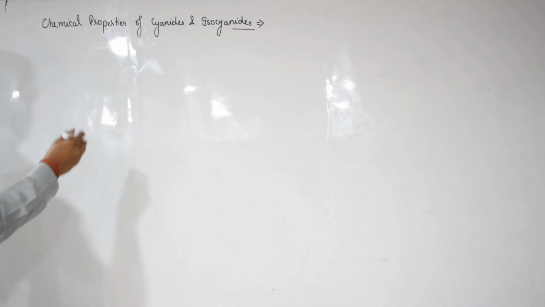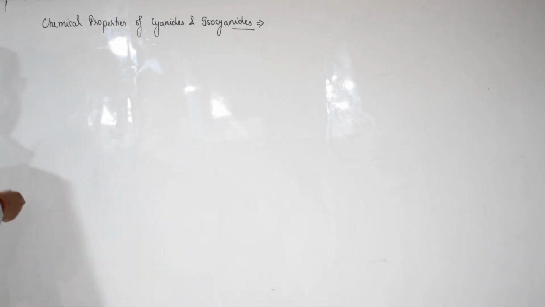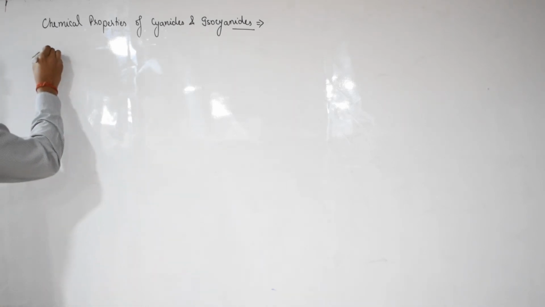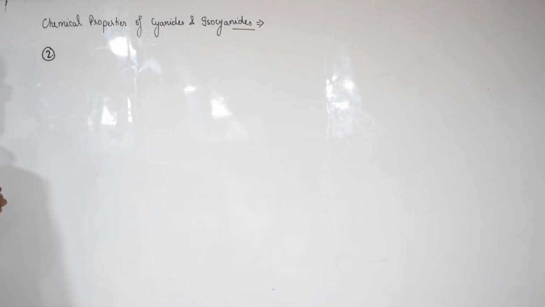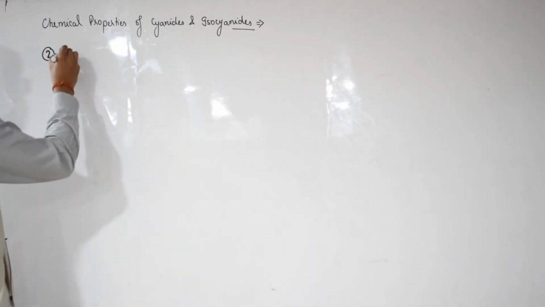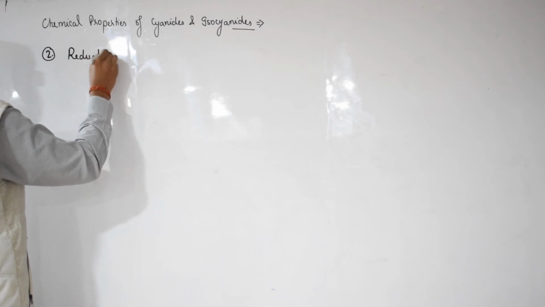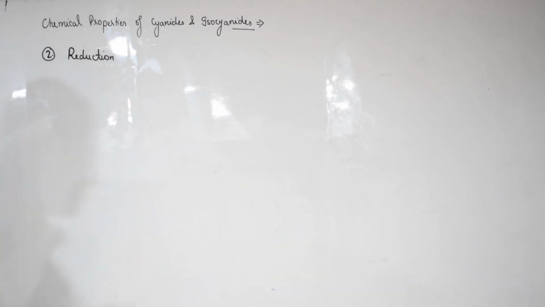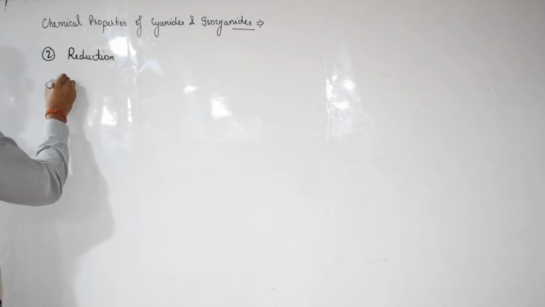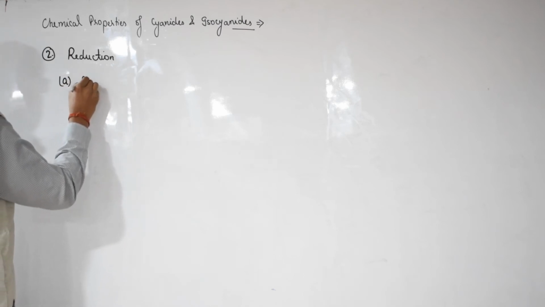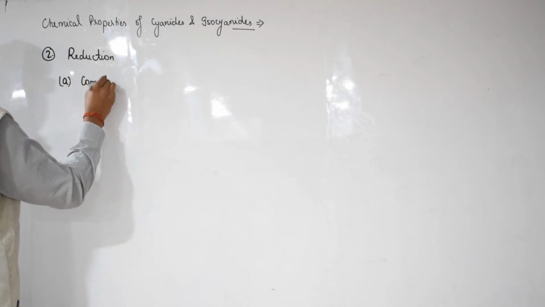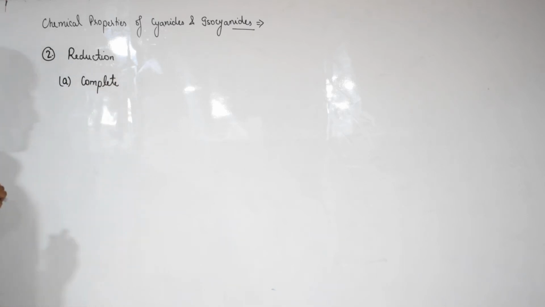Now, the next one, the second one, is reduction. When we are discussing reductions, the first category would be complete reduction and the second would be partial or incomplete reduction.